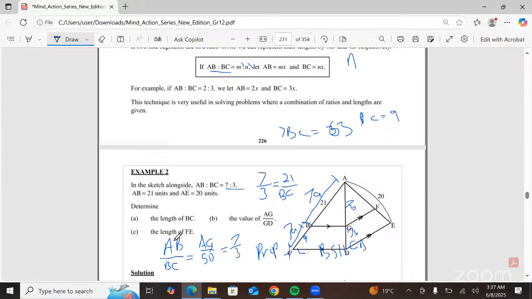Then the last one, we are required to find the length of FE. How do you think we are going to find the length of FE?